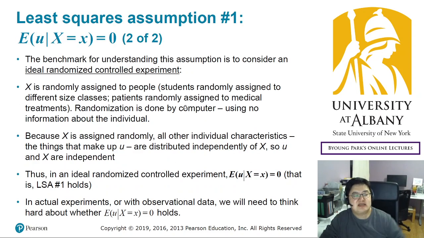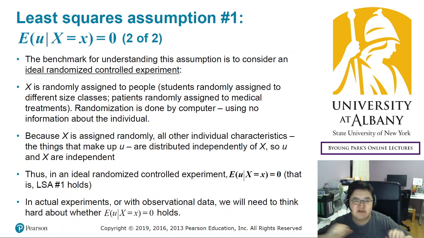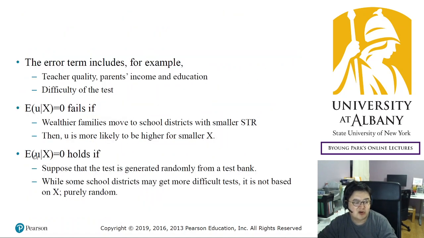So as I said earlier, our benchmark, the ideal situation is when you have a perfect randomized controlled experiment. So you'd like to randomly assign people to different school districts, or assign student-teacher ratio to school districts. If that is possible, then exactly you are going to get a similar case like this.